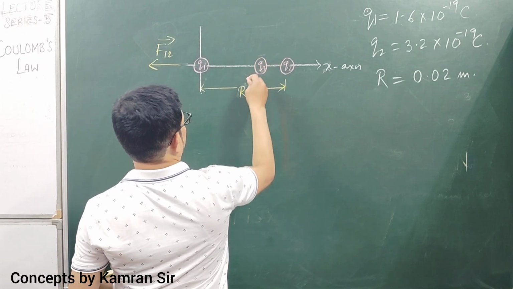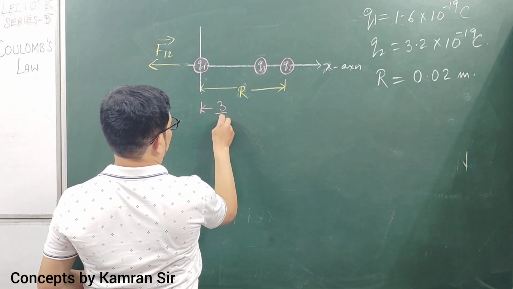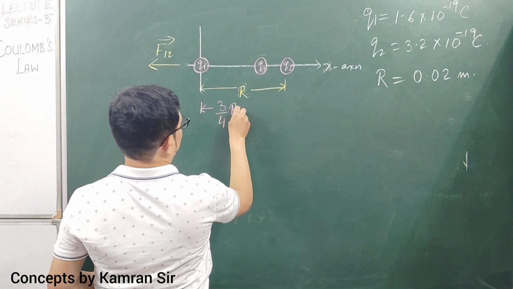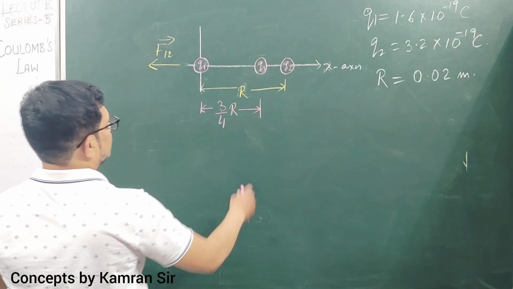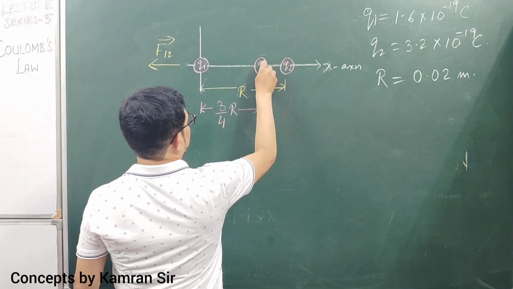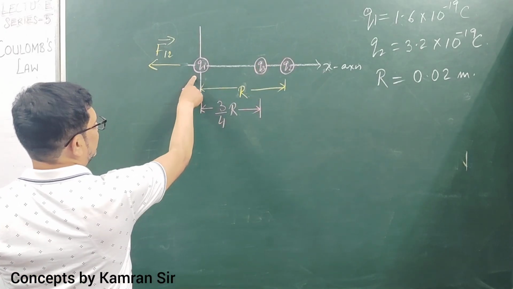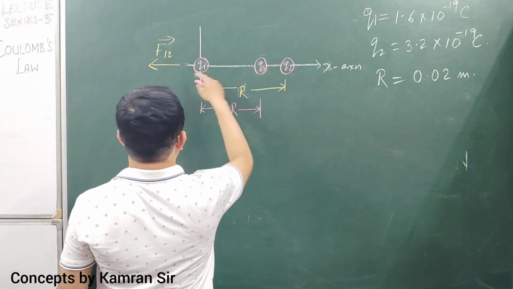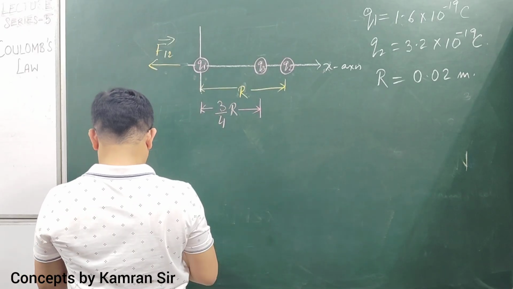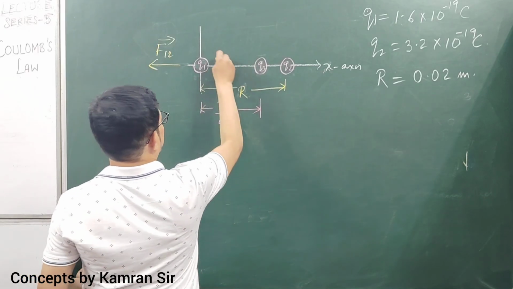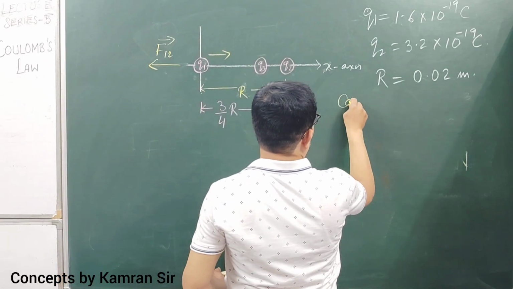So it's Q3, and the distance from Q1 is 3/4 of R. Now all the three charges are in equilibrium, which means that force on this because of 2 is in this direction. Force on this because of 3 is going to be in opposite direction.